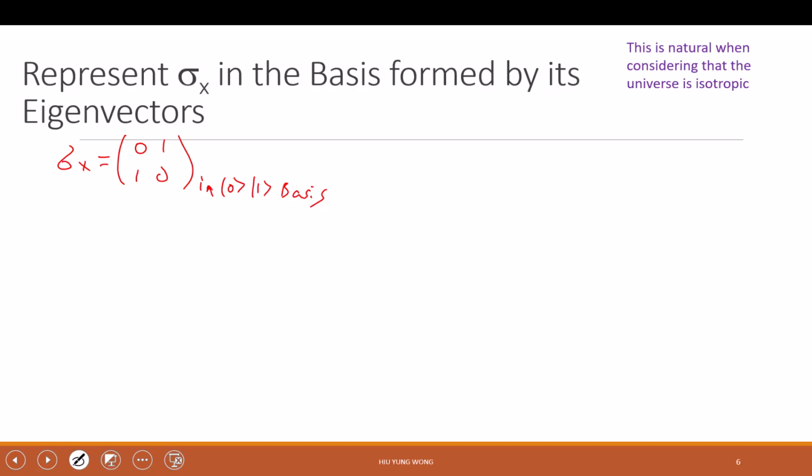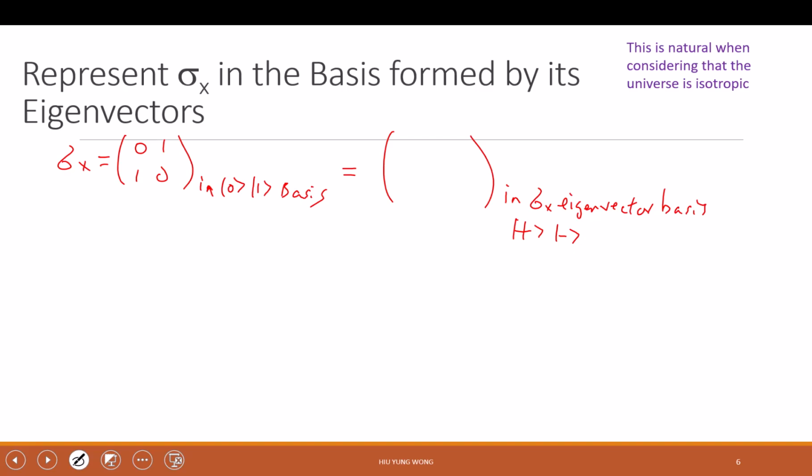But what if I write sigma x in its eigenvector basis? And we actually have shown that if they are plus and minus, what would they be? Based on what we just said.